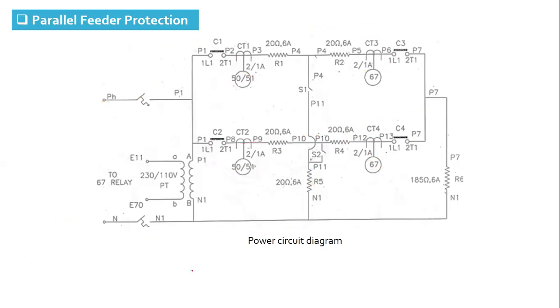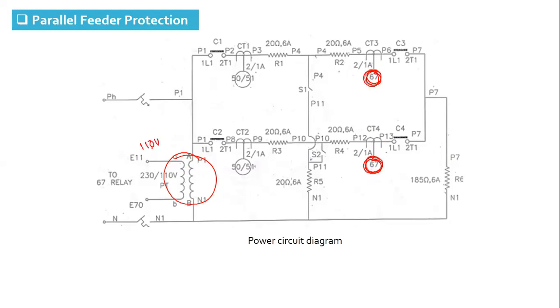Then we are also going to see the effect of polarizing voltage on the directional relay. We know that in the absence of minimum polarizing voltage, the directional relay is going to fail. It is not going to trip. So what we are going to do here, we have used a phase shifting transformer in the laboratory, and with the help of this, we are going to reduce the voltage applied to the relay voltage coil.